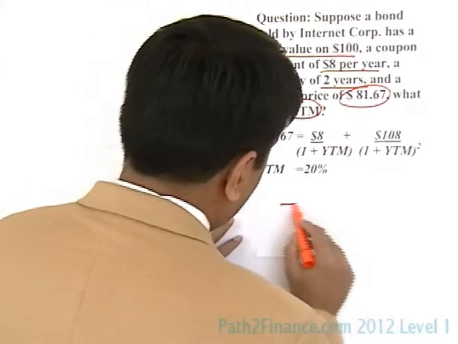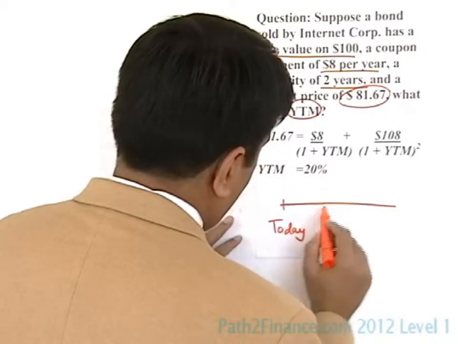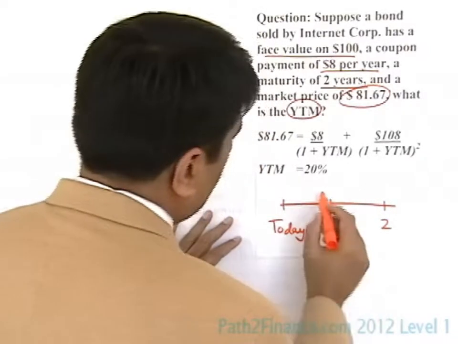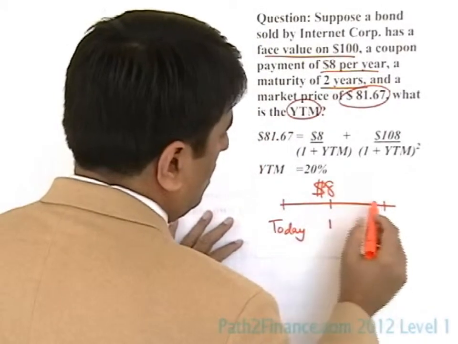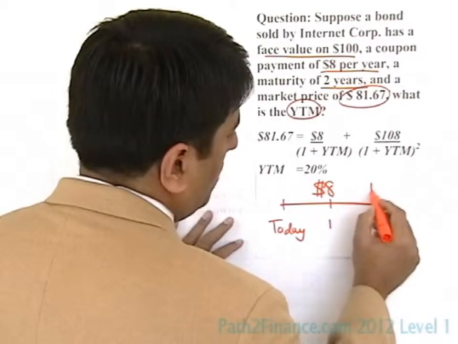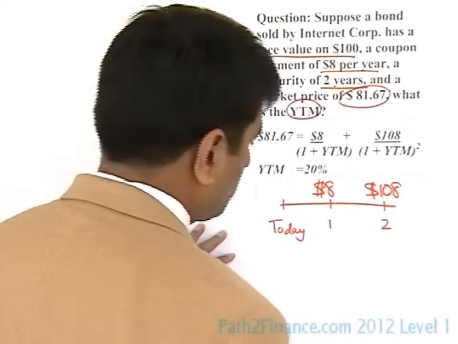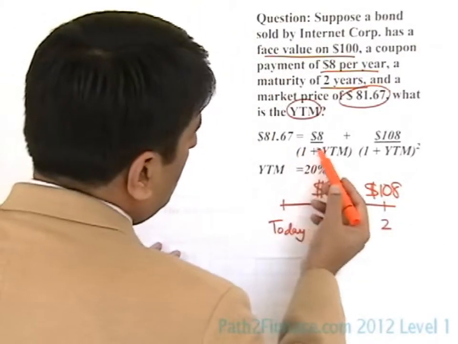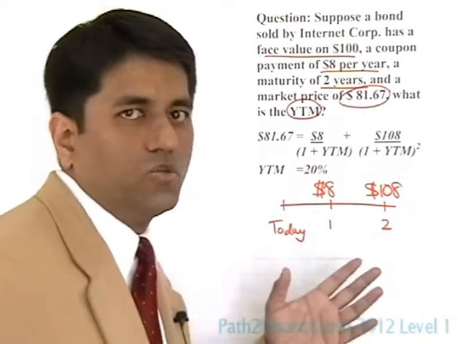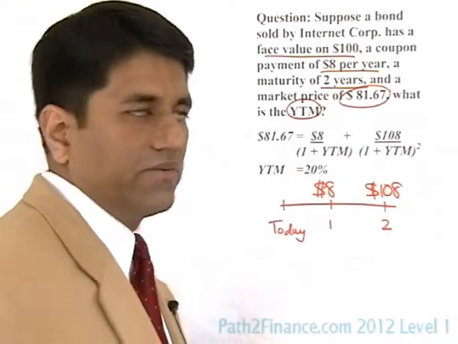So we have this bond. It pays $8, and 2 years from now it pays the coupon of 8 plus the face of 100, so that's 108. You can either use the annuity formula, or because there are just 2 periods here, you can use the cash flows discounted directly.